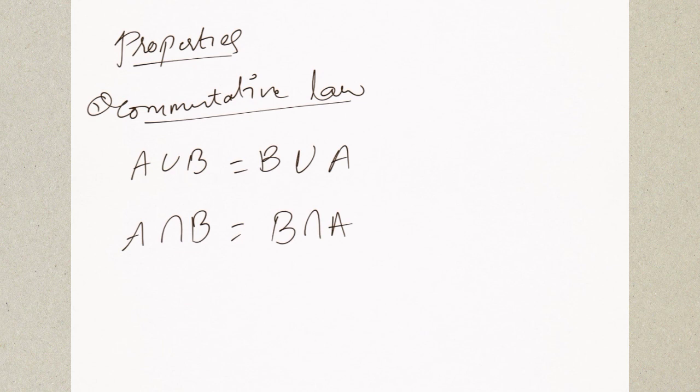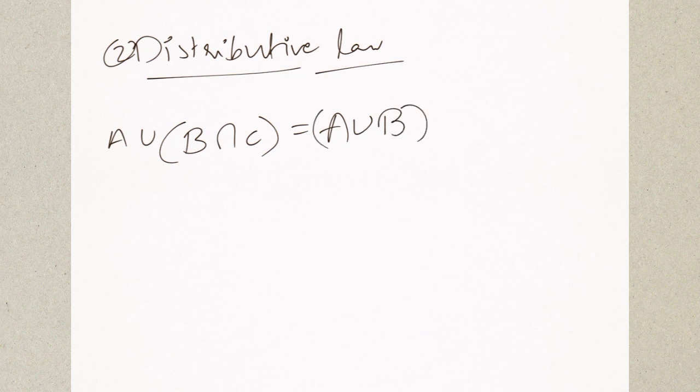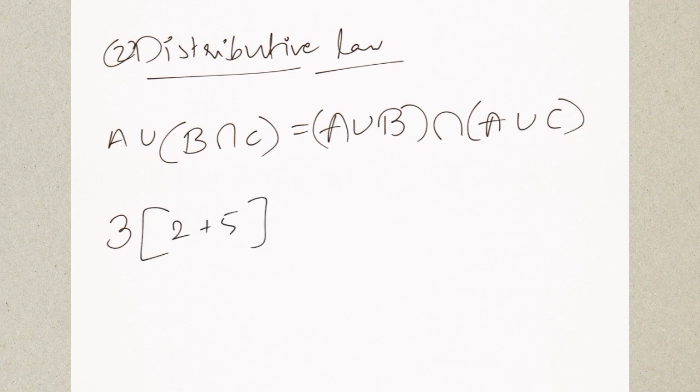Next we will see the distributive law. If you have to solve A union B intersection C, you will do it as A union B intersection A union C. Like how we did in our childhood, same thing. Suppose we had 3 into 2 plus 5, what did we do? 3 into 2 plus 3 into 5.